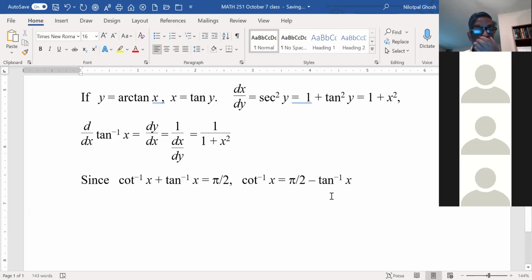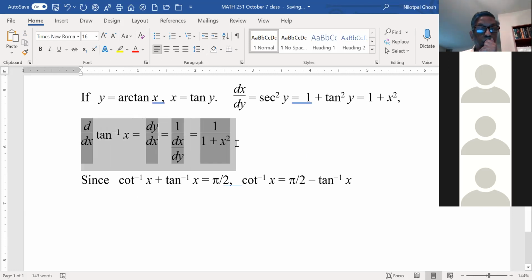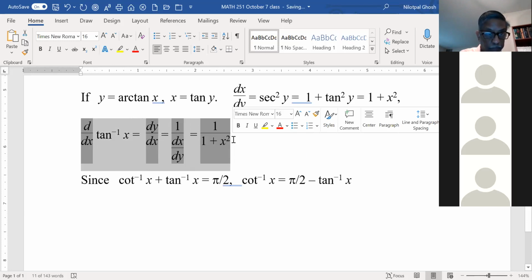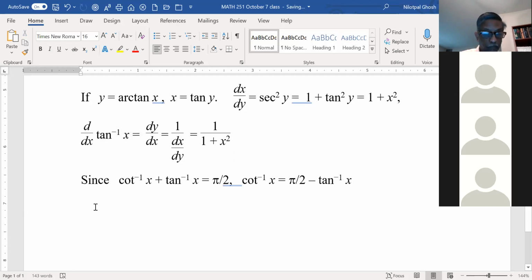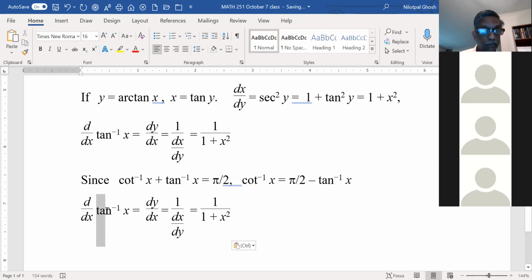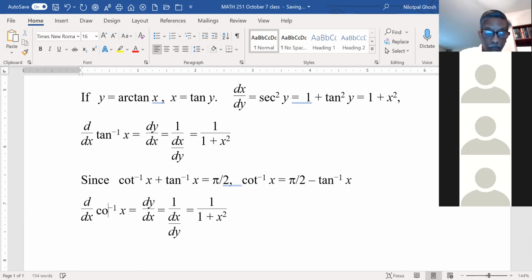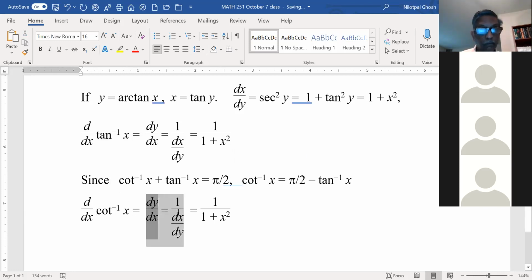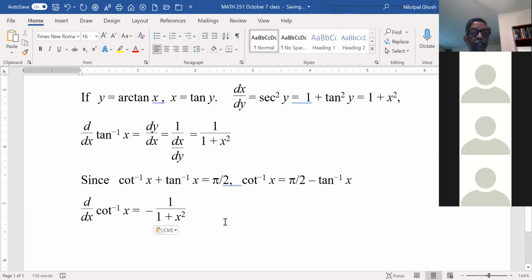Okay. Equal minus 1 over 1 plus x square.